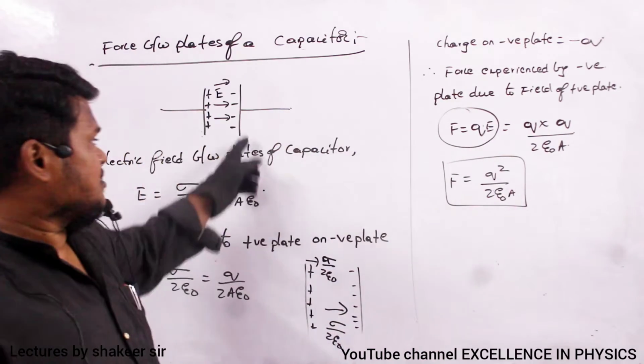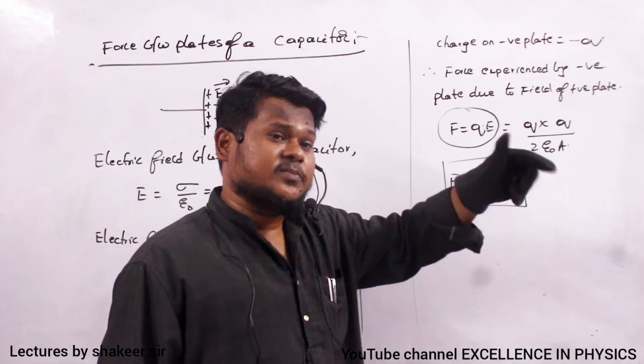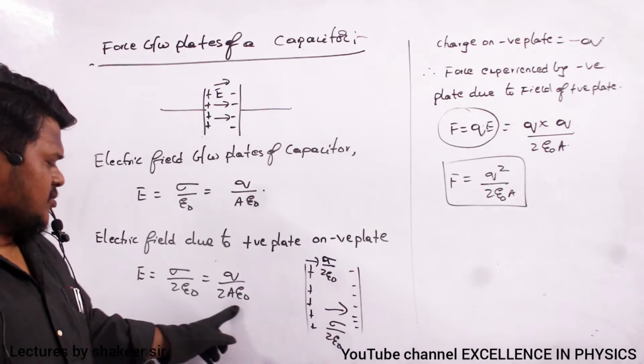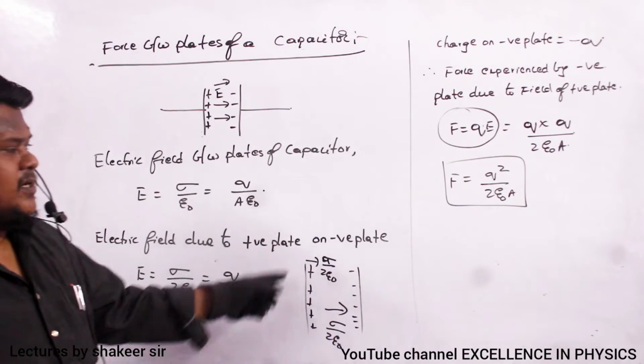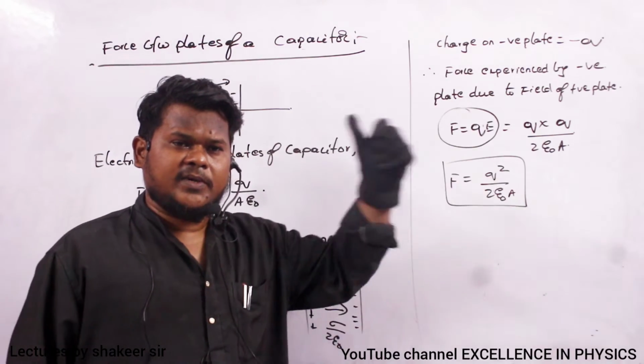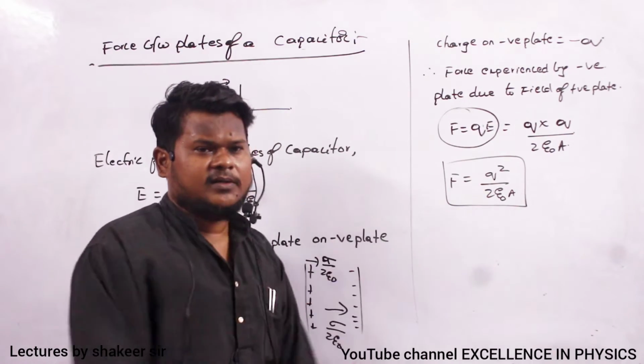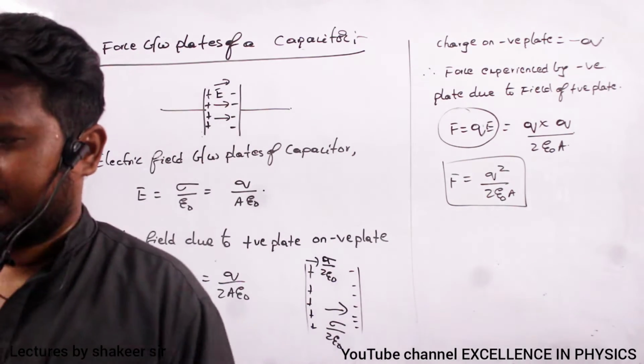What is the charge on the second plate? Q. What is the electric field because of the first plate? Q by 2 epsilon naught A. Multiply both of them. Then this is the force experienced by the negative plate because of the positive plate, or you can say the force of attraction between the positive plate and the negative plate.